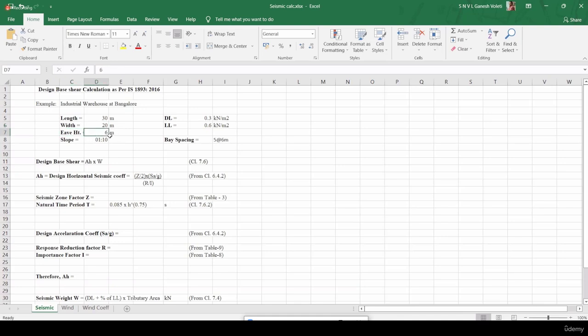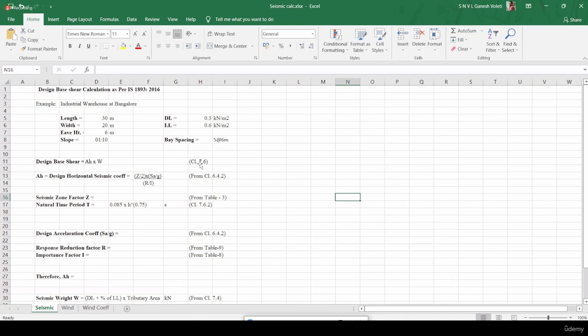The eave height is 6 meters, the roof slope is 1 in 10, and the dead load from sheeting and purlins is 0.3, live load is 0.6, that is, 30 kg per square meter and 60 kg per square meter. These are all assumed data, which I have taken to explain how to calculate the base shear.